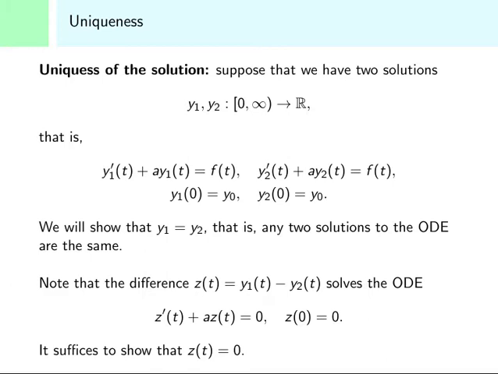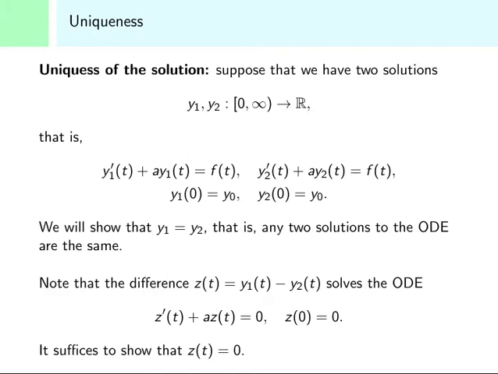To show the uniqueness of the solution, suppose that we have got two solutions of the initial value problem, y1 and y2, defined for non-negative real numbers into R. So that means that y1 prime of t plus a y1 of t equals f of t, with initial value y1 of 0 equal y0, and y2 prime of t plus a times y2 of t equals f of t, again with initial value y2 of 0 equals y0.